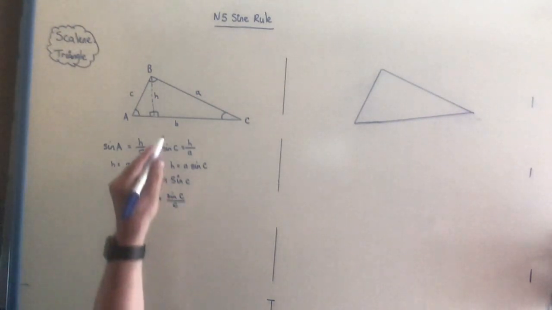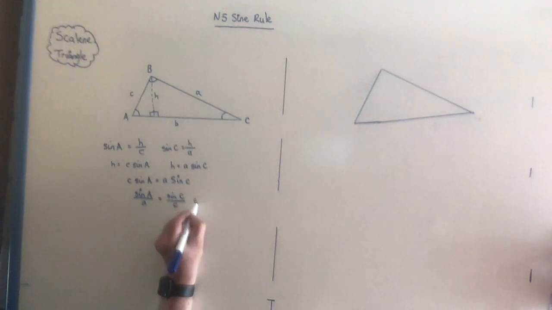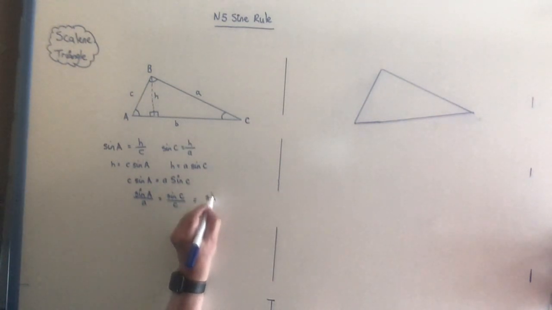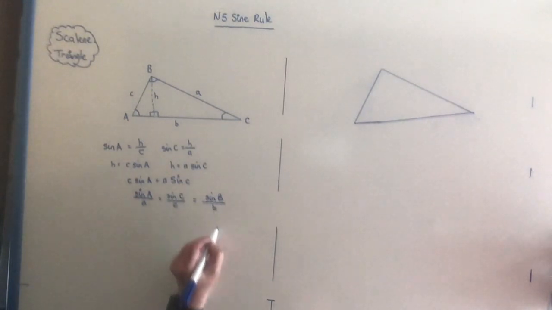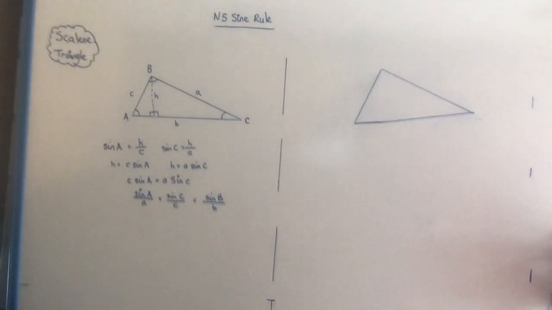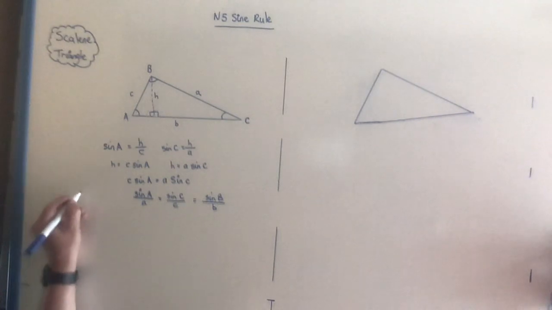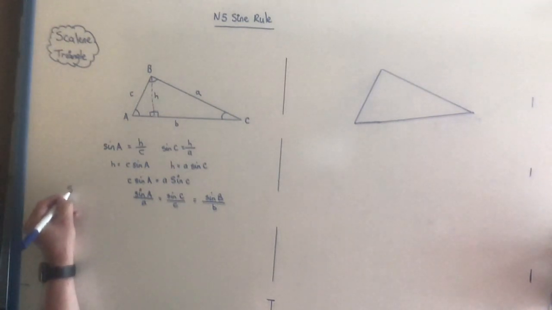And I won't do it for B, but it is true to say that sine B over small b. So these things are all the same, and this is called the sine rule.